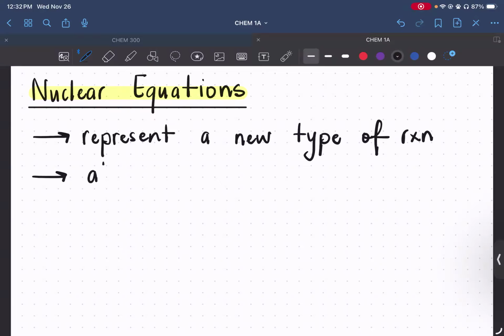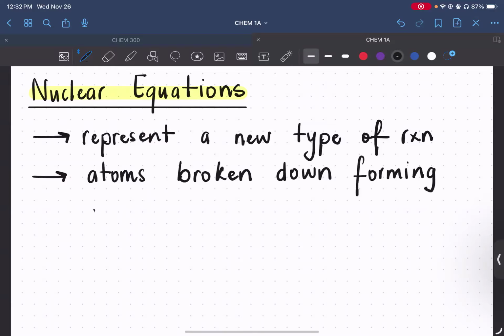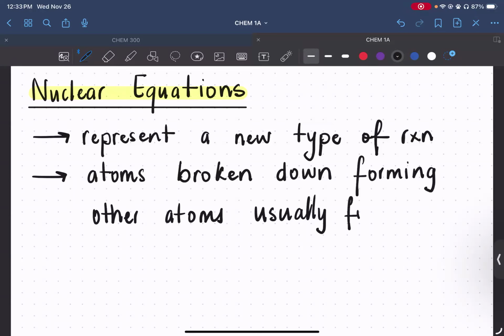It involves atoms broken down, forming other atoms, usually followed by a release of energy.